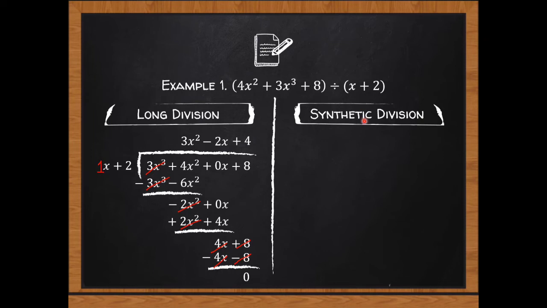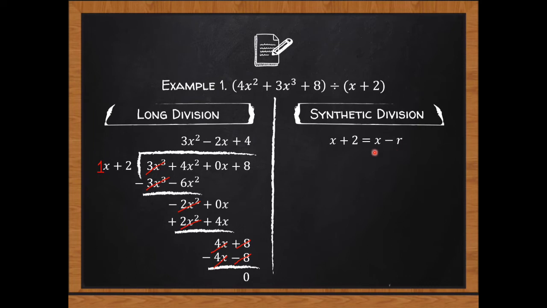So first step in synthetic division is we equate x plus 2 into x minus r. Ano ang reason ko bakit inequate natin siya into x minus r? Dahil po kailangan natin ang value ng r. So now, we are going to identify the value of our r.